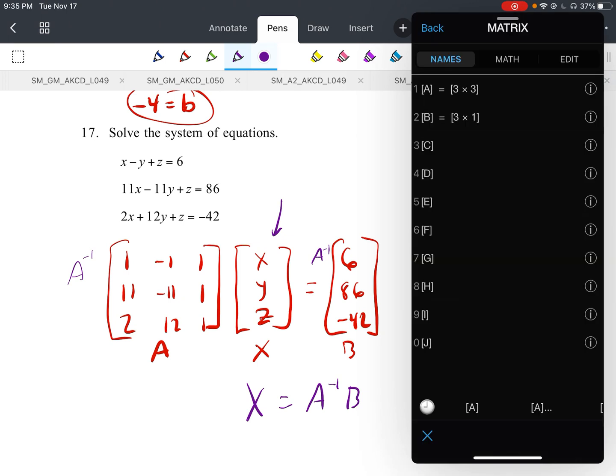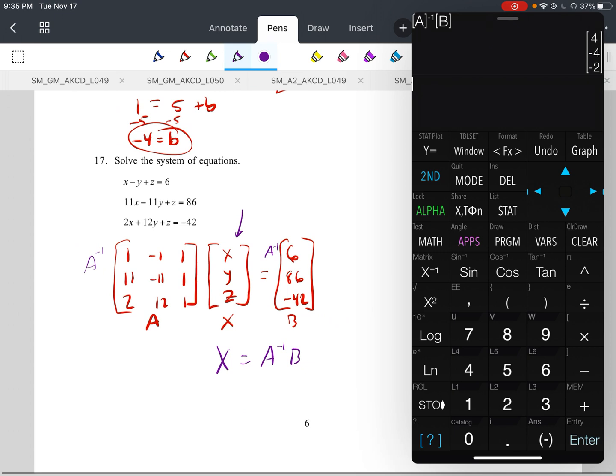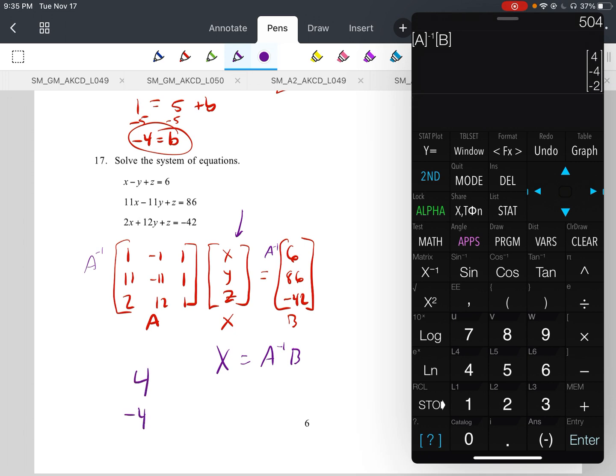Now go back to matrix, make sure you're under names, and hit B. It should say A inverse B. When you do that, hit enter. There's your answer. That's X, Y, and Z, just like that. I always am amazed how simple this looks. 4, -4, -2. Let the calculator handle this. This is just X equals, Y equals, Z equals. And that's it.